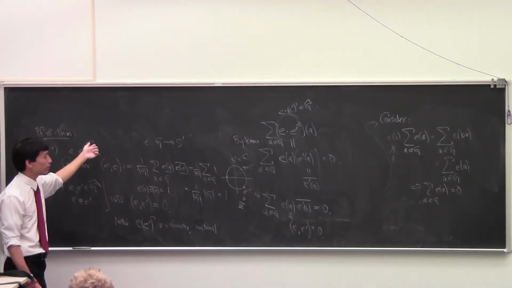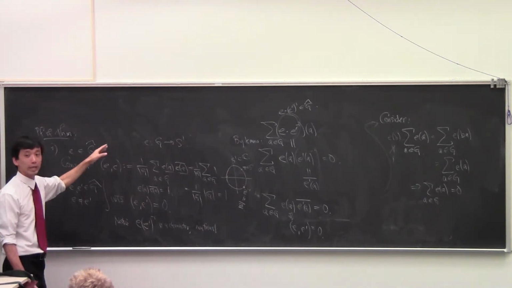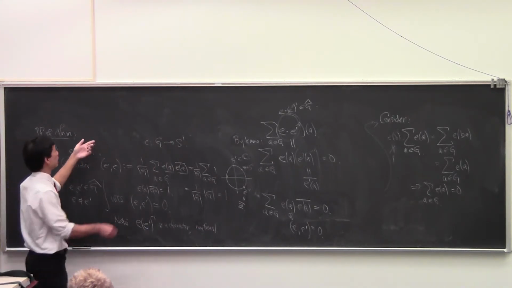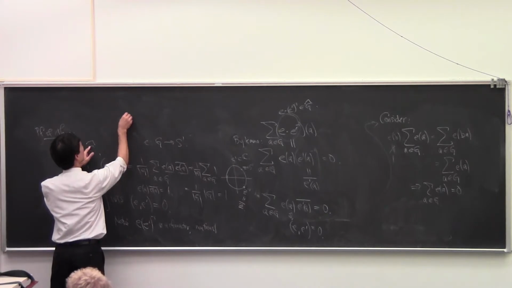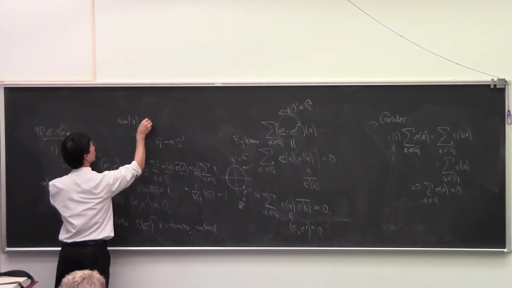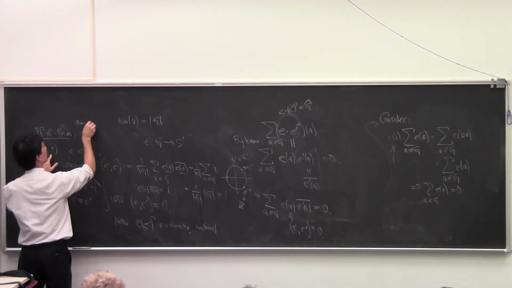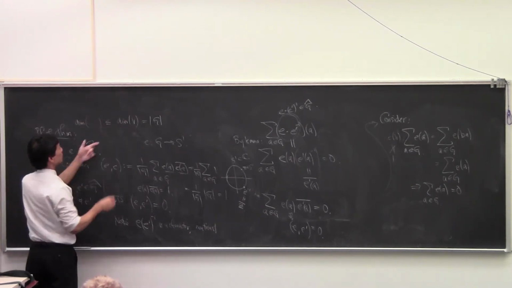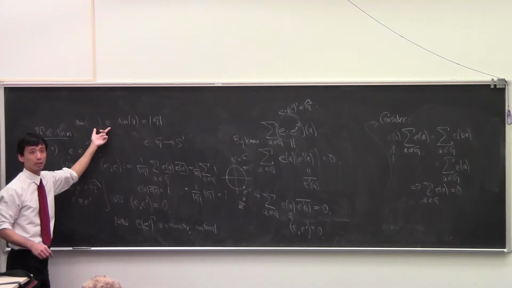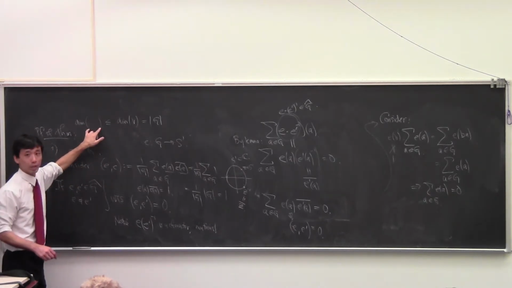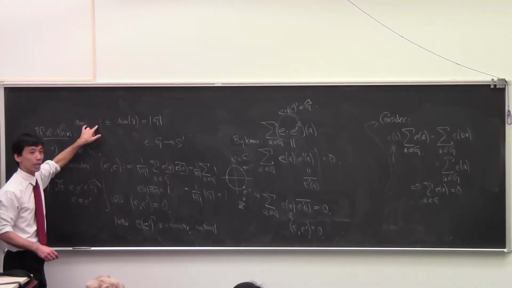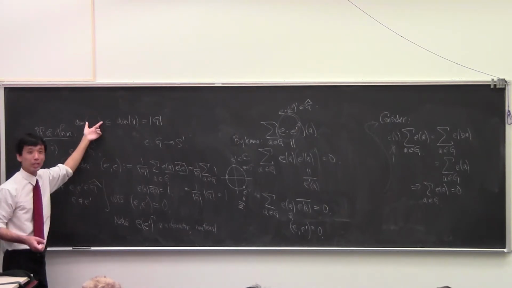This tells us, at least from the beginning, that the number of characters is finite, because we know that the dimension of B is the order of G, and the dimension of the span of characters is smaller than the dimension of B. You've got these orthonormal guys, so there can't be more than G of them.